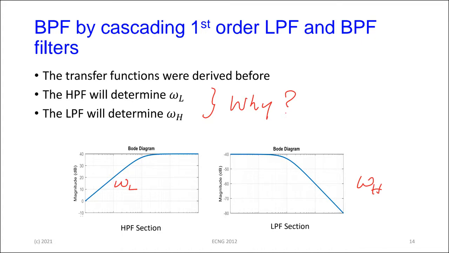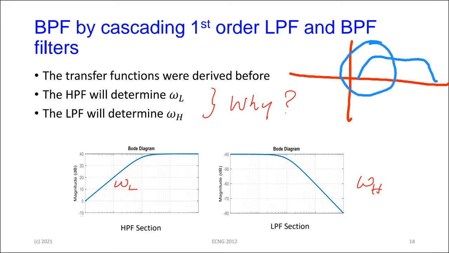Remember the sort of response that we want. The response is supposed to look like this. This section here is high pass filtering behavior, nothing, and then it starts to pass. This is the low end of the bandpass filter response, so the high pass filter is determining the lower frequency band.